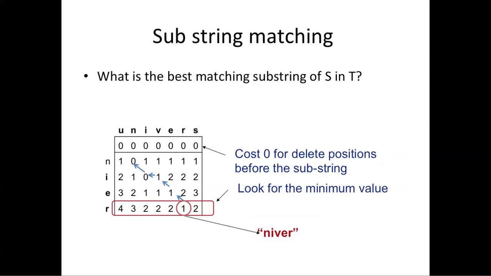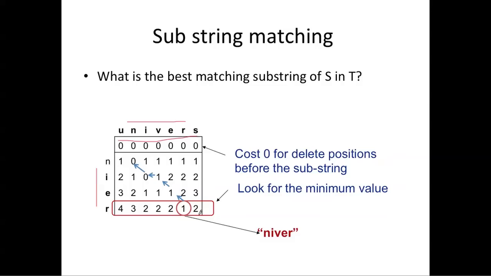How about substring matching? How about having one string, in this case universe, and finding a substring? Well, the algorithm will be the same, but the first row on universe will be all zeros, and that means that we can delete as many letters from the beginning of universe for free.